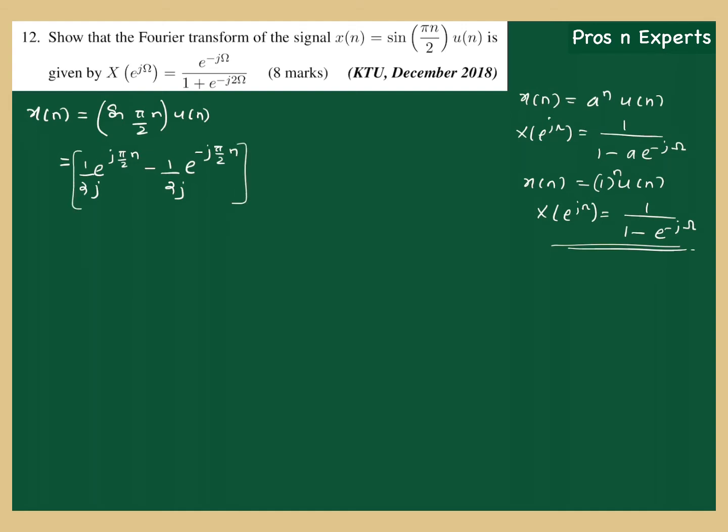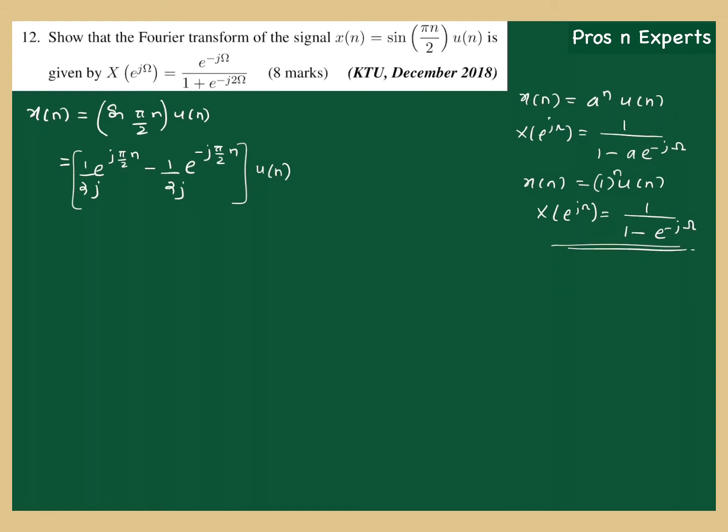This is sine pi n by 2 into u of n. Instead of pi n by 2 we use Euler's equation. We have seen that many times: cos theta equal to e raised to j theta plus e raised to minus j theta divided by 2, then sine theta is equal to e raised to j theta minus e raised to minus j theta, divided by 2j. So from this equation we can write sine theta like this.